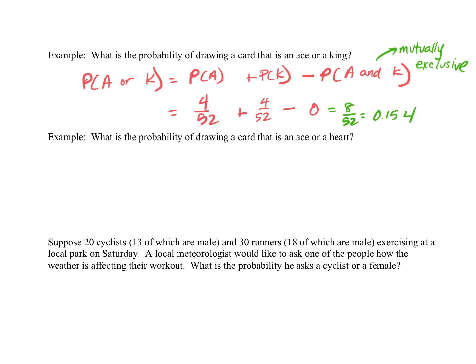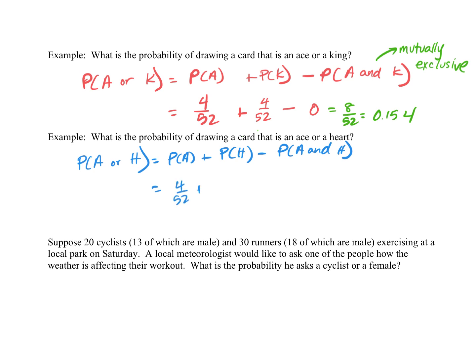What is the probability of drawing a card that is an ace or a heart? That would be the probability of A or H. What's the probability of A? 4 out of 52.